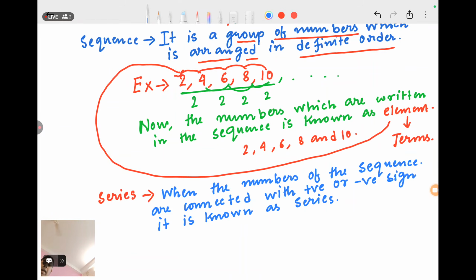Here I have given the example of the sequence 2, 4, 6, 8, 10 and so on.